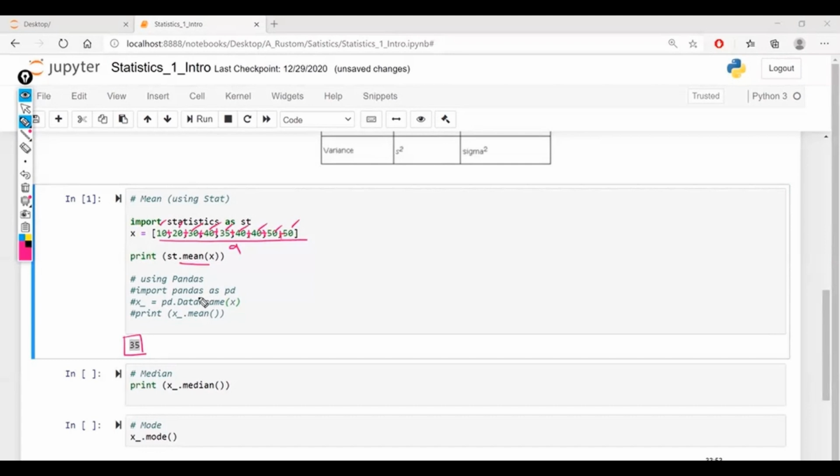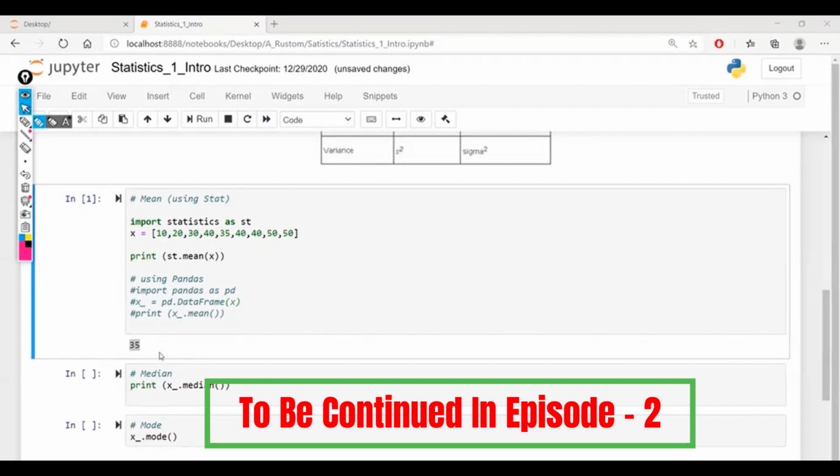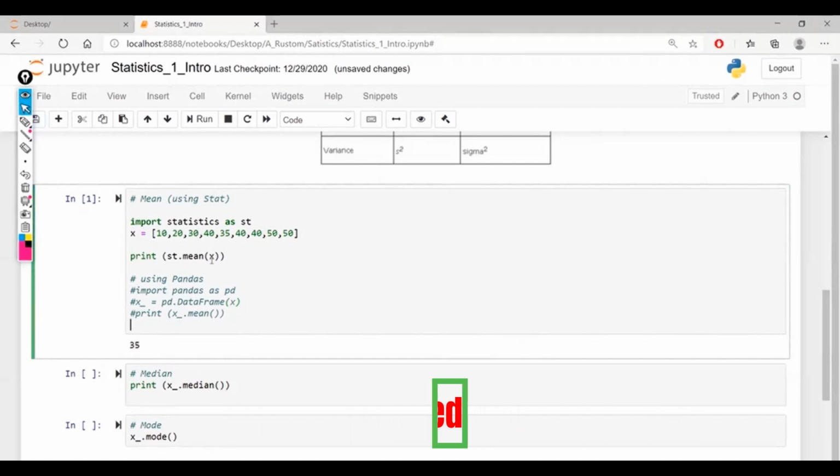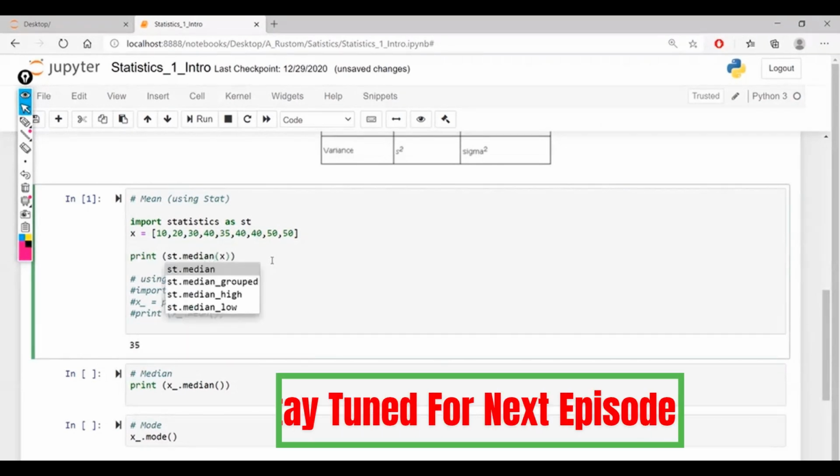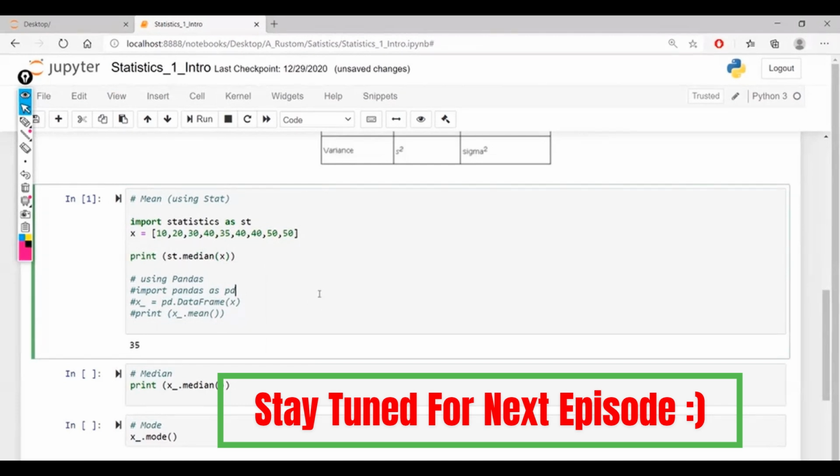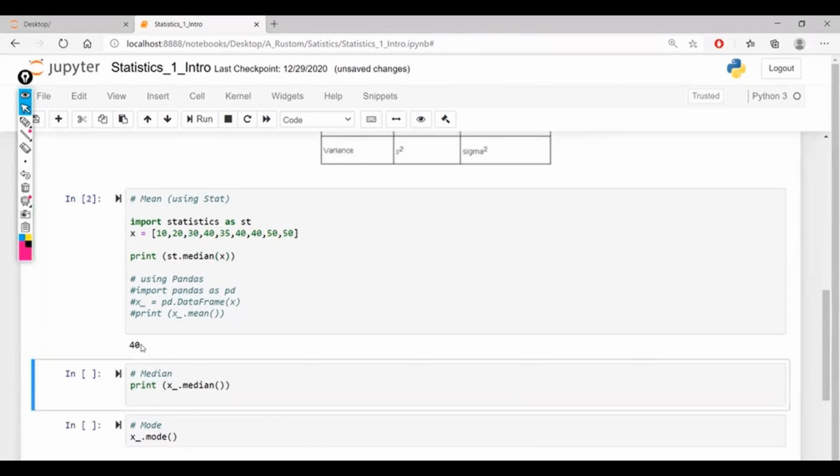So how am I going to print the median then, right? Let's understand that also. Here, instead of mean, I'm going to say median. Right? If I execute, you will get median is 40.